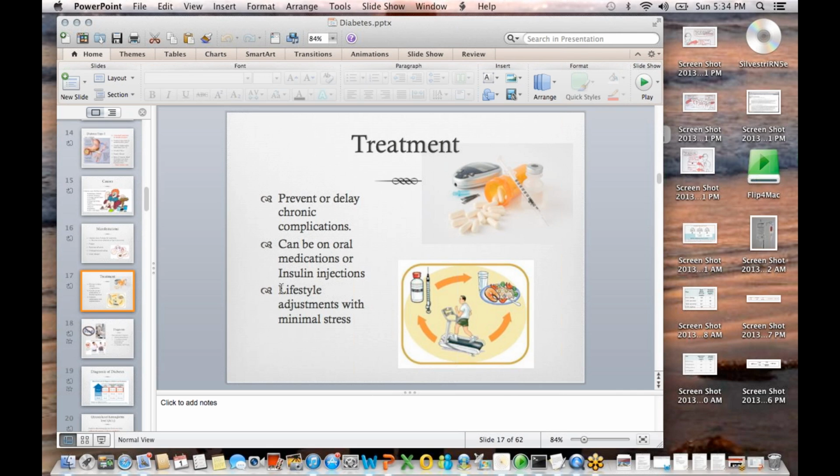So for treatment, you want to prevent chronic complications, which is part of our major teaching for these individuals. They can be on oral medications, and eventually if it becomes severe and progresses, they may end up being insulin dependent as well. Their body produces normal amounts of insulin, or sometimes a little bit less. It's a problem more at the tissue sites.